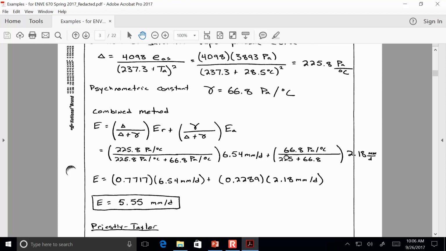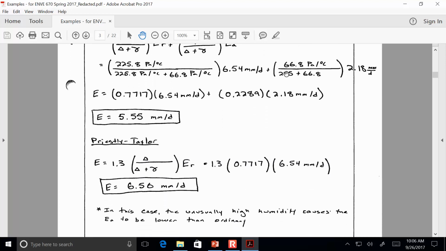Now, the Priestley-Taylor estimate says that usually you can estimate the amount of evaporation by not even looking at conditions for the aerodynamic approach. You know, they're using typical values of wind speed, typical values of temperatures, and so on.